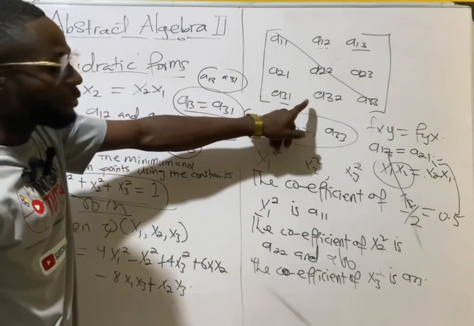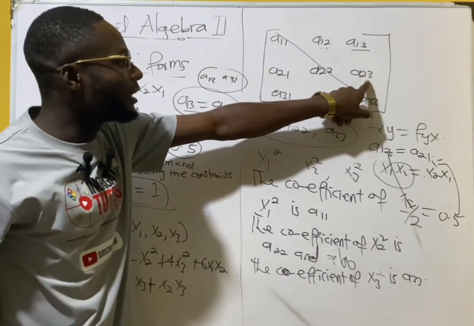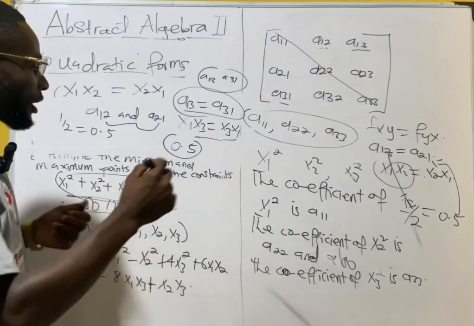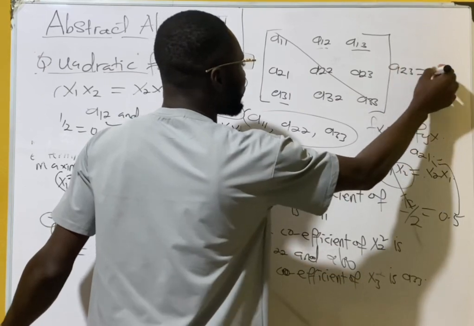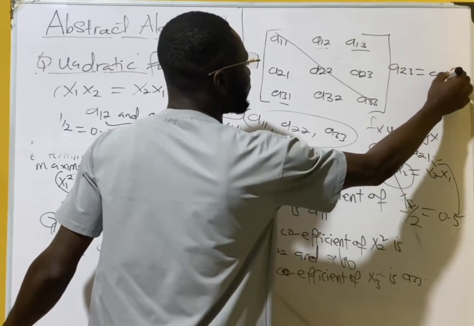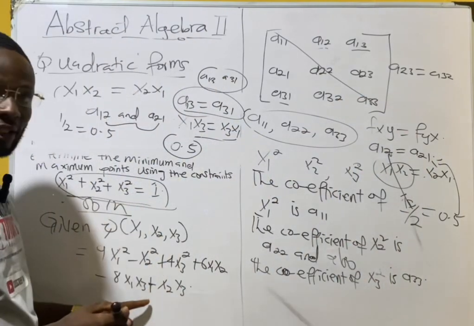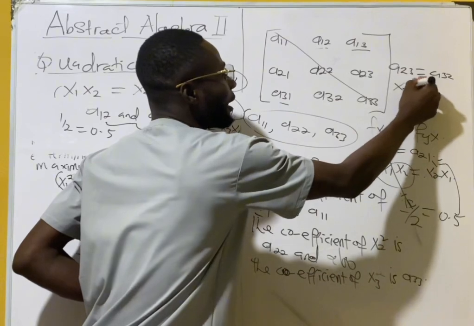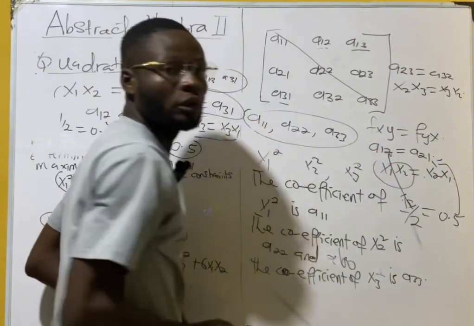Okay, now we are done with that. A32 and A23, they are all the same, right? A23 is equal to A32. When you come to the quadratic form, that is the x2 x3, and that is equal to x3 x2, right?